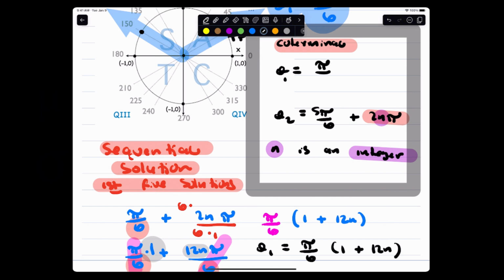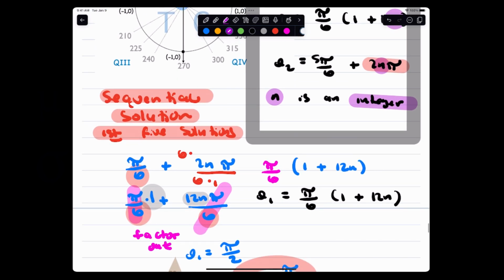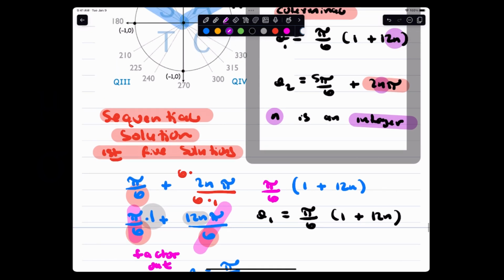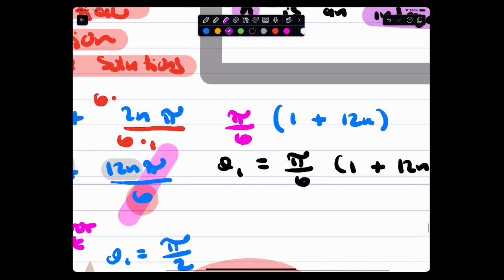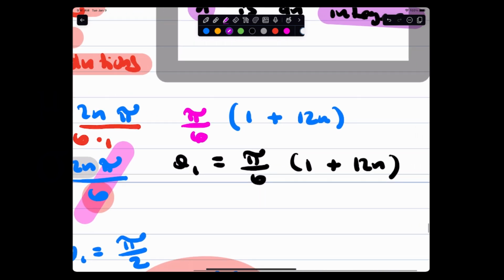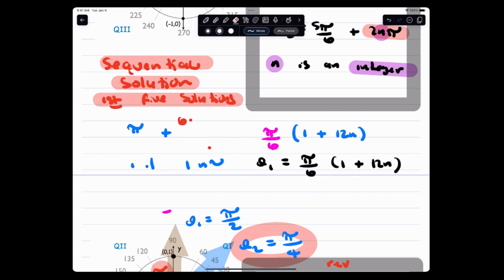It's the factor of pi over 6 times 1 plus 12n, where n is still the same, an integer value. Okay? So here's the arithmetic on that, down here. Now, you might say, well, why do I care about that kind of arithmetic? Let me go over the detail for why you care.